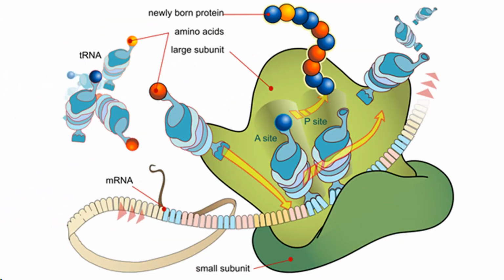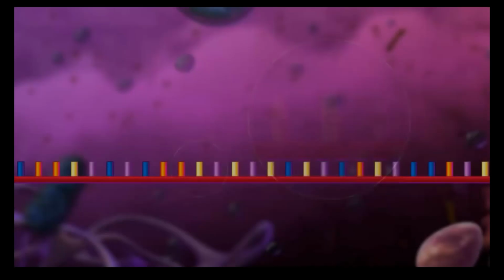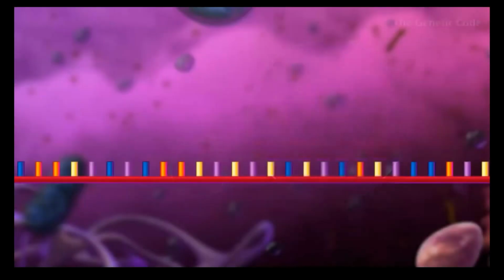This figure shows how the information in an mRNA molecule is translated into a protein. The end result of translation is the formation of the large variety of proteins that make up the structure of organisms and help them to function.